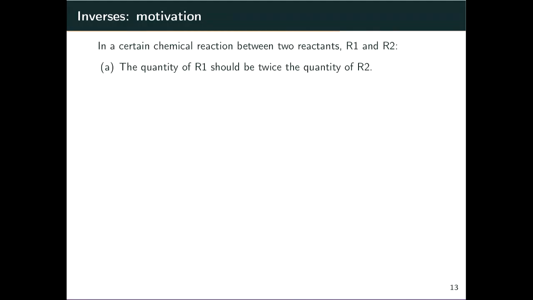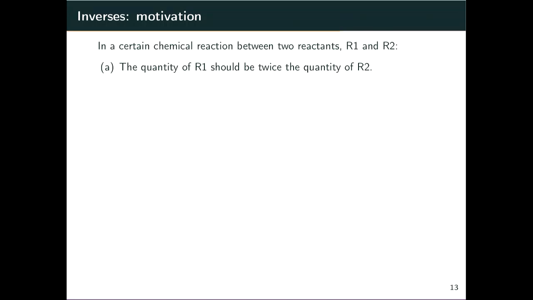Okay, so we're going to do some motivation of inverse matrices. This is going to be like the idea of the opposite operation of multiplying matrices, but it's a little bit more complicated. So let's have a look at some motivation.